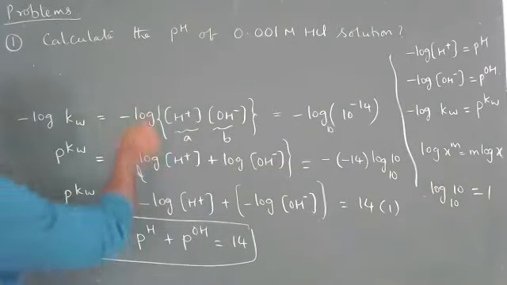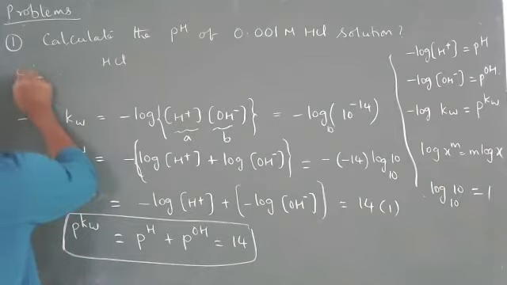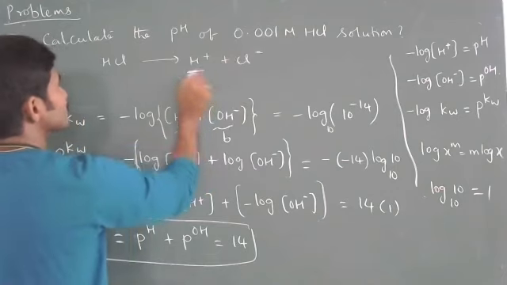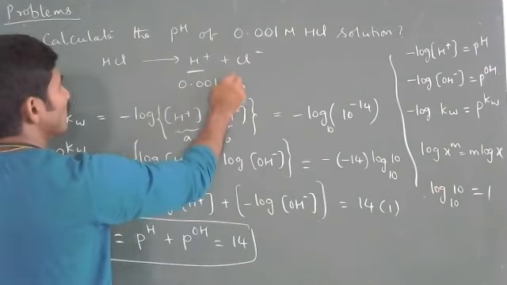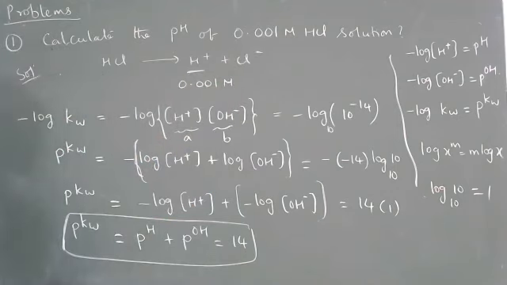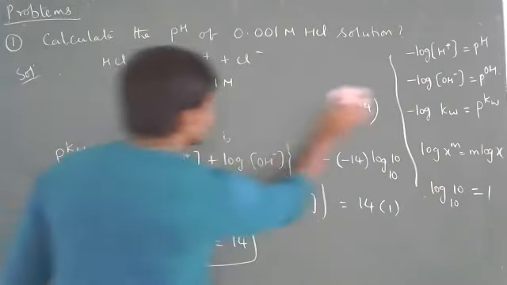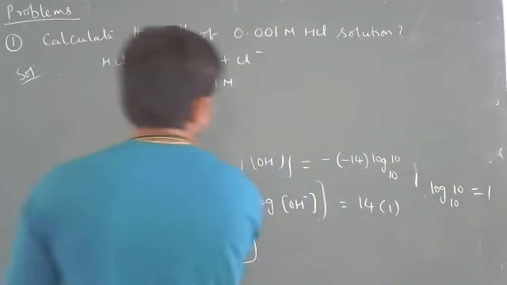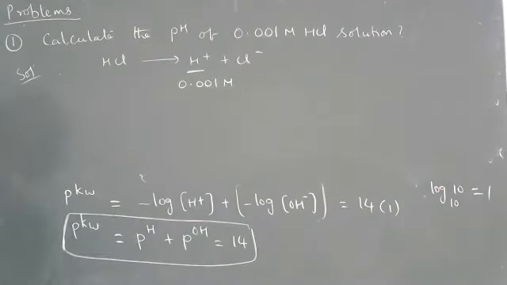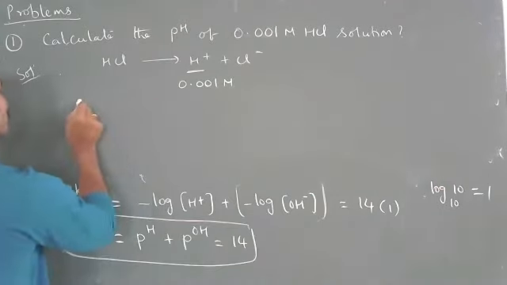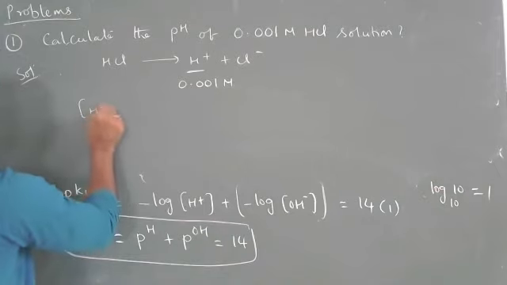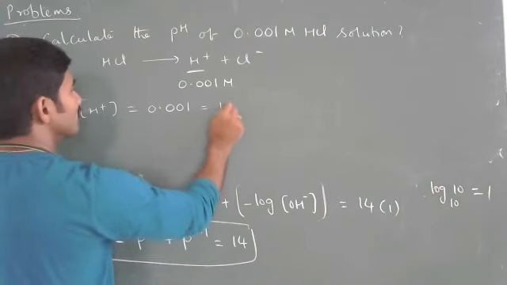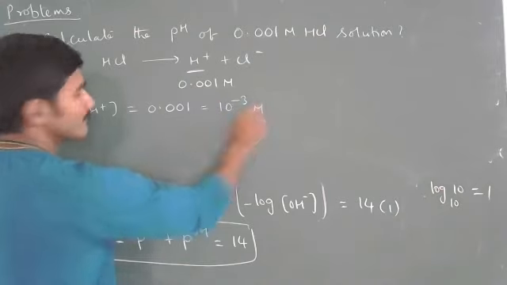See, HCl is a strong acid. It dissociates completely. So the H plus concentration is 0.001 M, which I can write as 1 into 10 power minus 3 M.